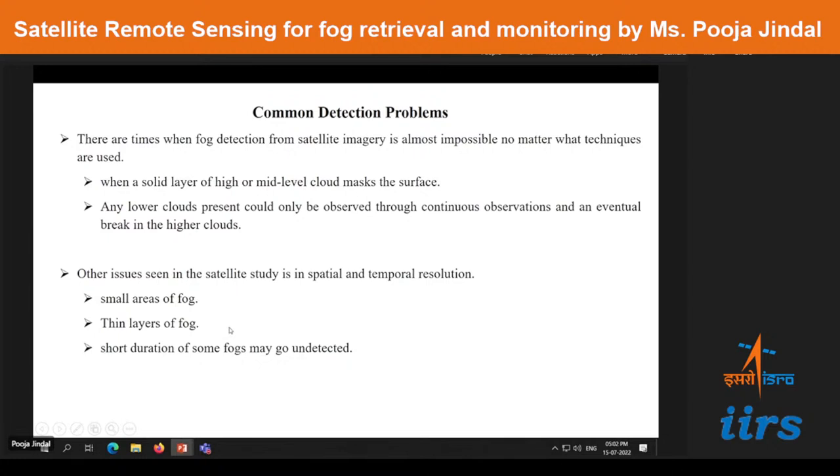So the difference between the thermal and mid-IR channels will not be significant. Also, short duration fog may go undetected, like if the fog is there for only 15 or 30 minutes, that may also go undetected. So these are a few common problems.